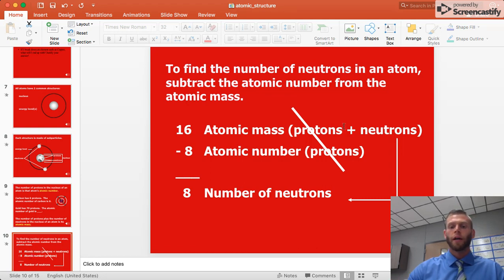As you can see, it cancels out here. My protons cancel out, which leaves me with just neutrons. So for example, this is oxygen, which has an atomic mass of 16 and the atomic number of 8. So if I subtract 16 minus 8, I will get 8, which gives me my number of neutrons.